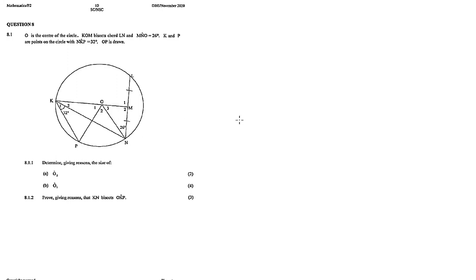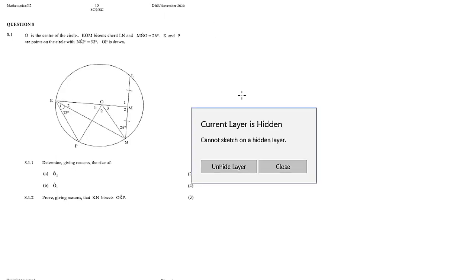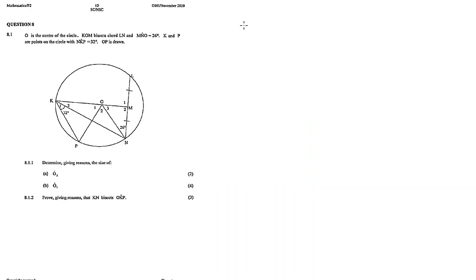Right, and then 8.1.1: determine, giving reasons, the size of O2 and O1.